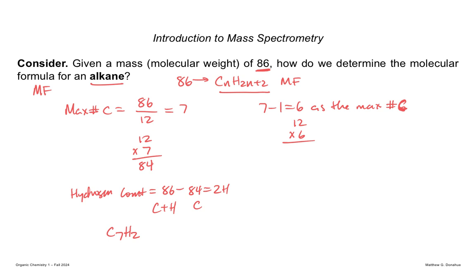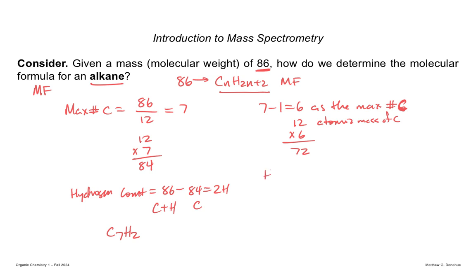So then 12 is the atomic mass of carbon. We multiply that by 6 and we get 72. So the carbon contribution to the 86 is 72.